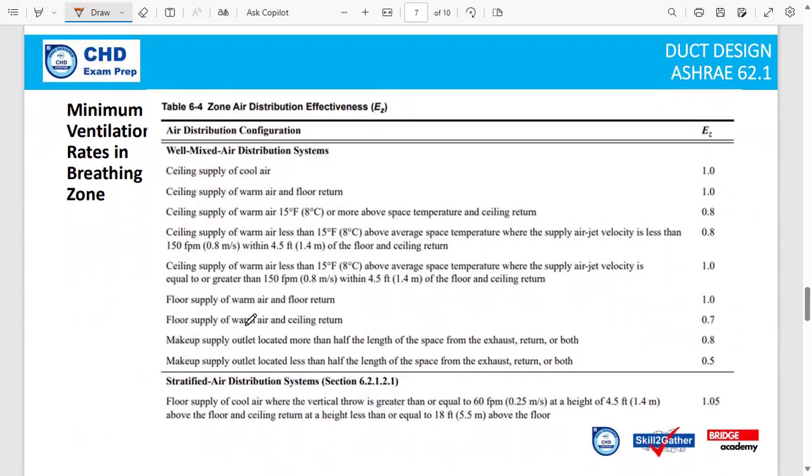The way you are delivering the fresh air in the facility will impact the effectiveness. If the effectiveness is low, for instance, let's say the way you are delivering the makeup air, a supply outlet is located less than half the length of the space from the exhaust return or both. In this scenario, the air distribution effectiveness is 0.5.